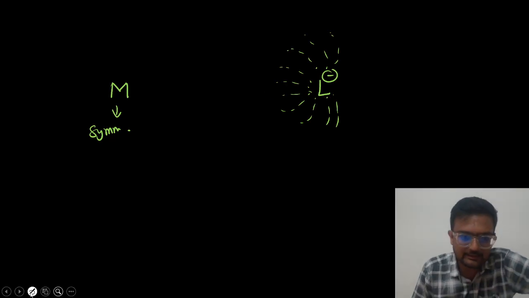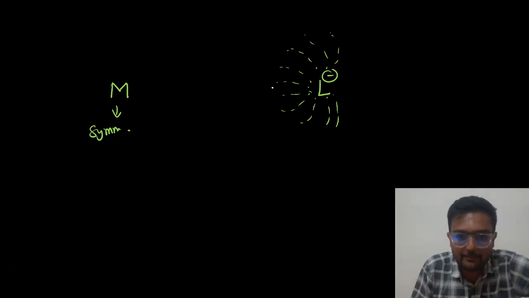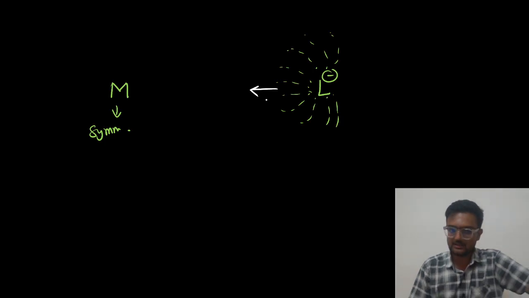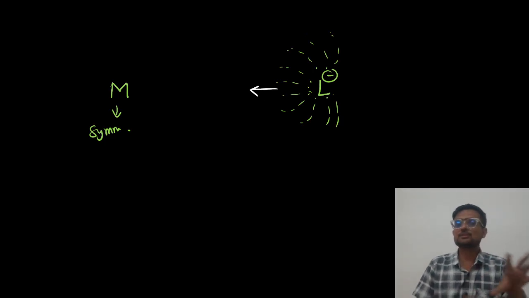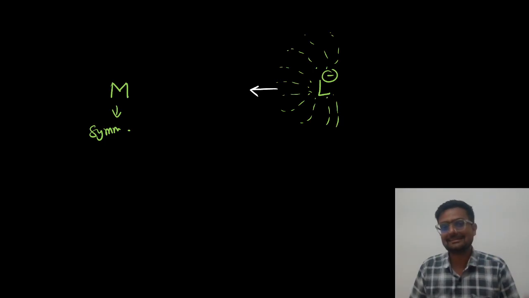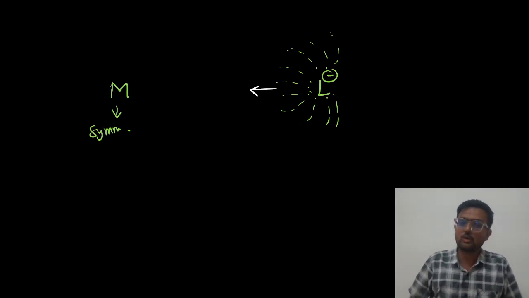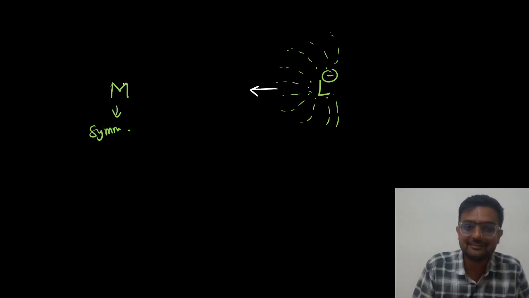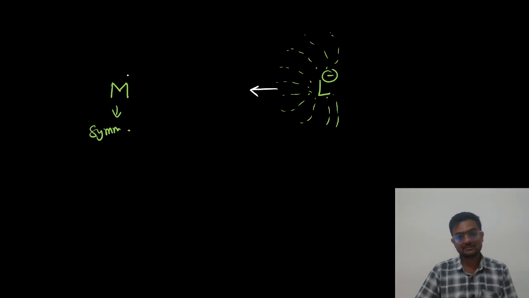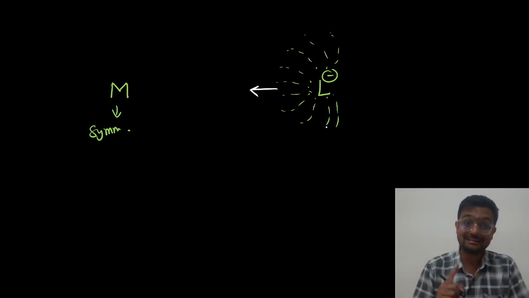Now what will happen? The ligand will slowly approach the metal. Right now, there is no distortion, there is no interaction between the metal and the ligand. As soon as the ligand approaches the metal, the metal has the nucleus. The nucleus is positively charged, the ligand is negatively charged.